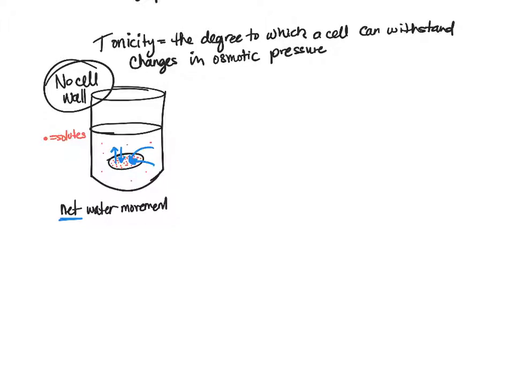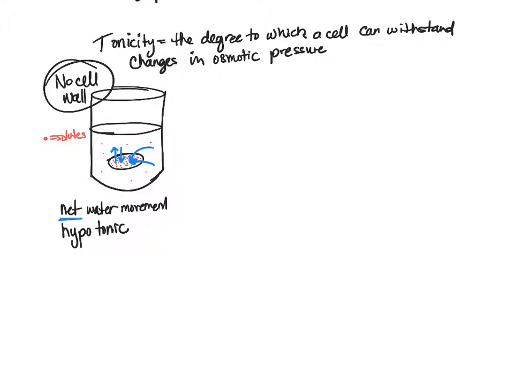Now, when this happens, in this situation, the external environment is a hypotonic environment. So when we are talking about tonicity, like using the term hypotonic, you have to specify what you're talking about. What is hypotonic? Is the cell hypotonic to the water? Is the water hypotonic to the cell?